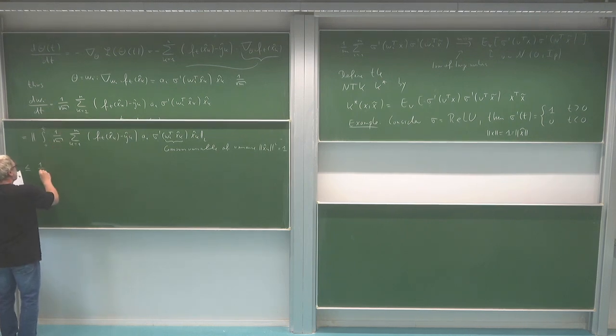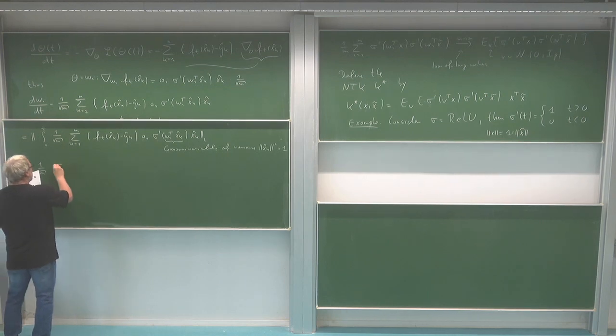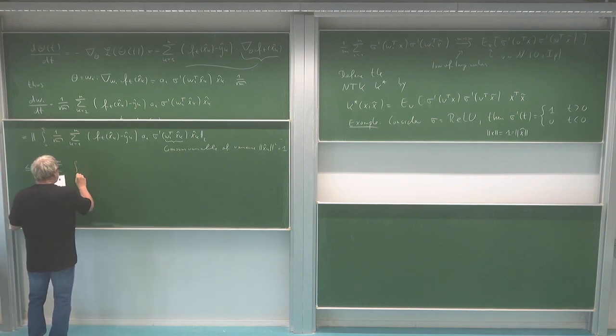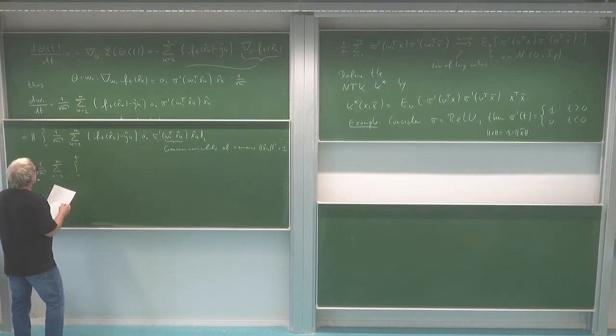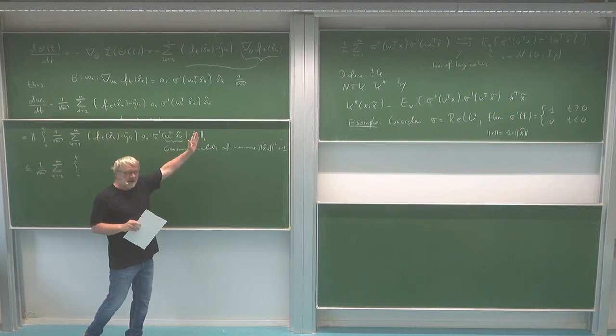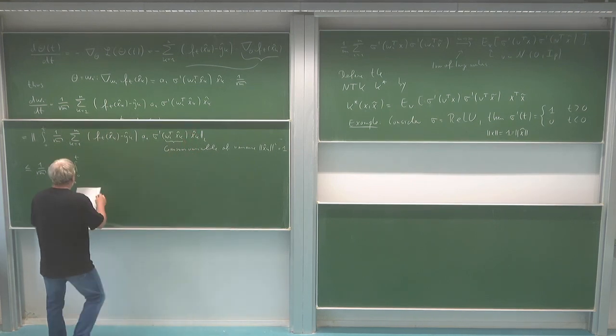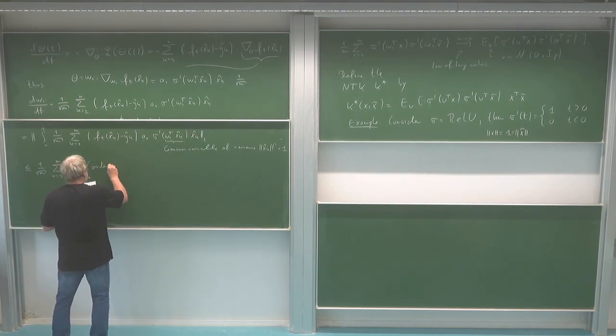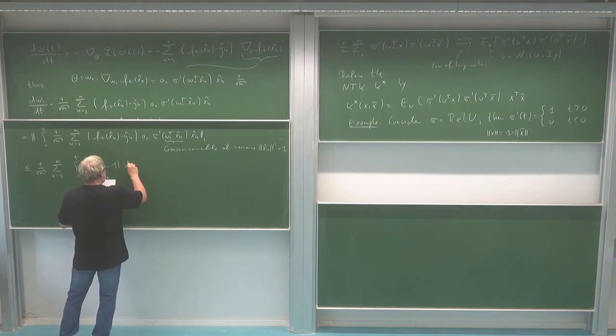I can bring out the 1 over square root of m, bring out the sum, and then I'm left with the integral of the absolute value of those guys, but everything here is of order 1. So I'm integrating things of order 1 with respect to dt.